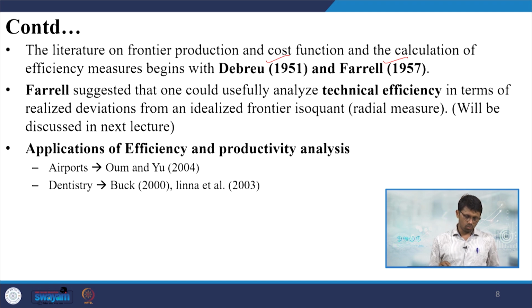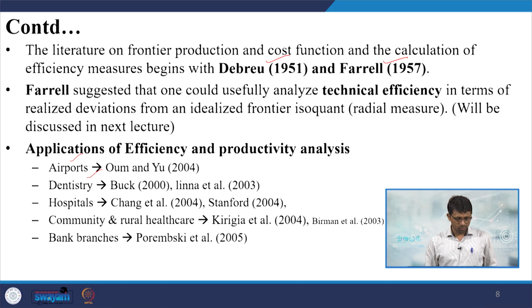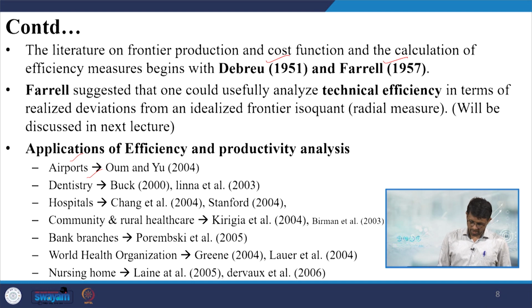Oum and Yu in their 2004 paper explained it for airports, then Burke and Lina 2003 and Burke in the 2002 paper applied efficiency and productivity analysis for dentistry, hospitals, community and rural healthcare, bank branches, and there are some works from WHO and nursing homes, etc. There are different papers we have cited. For your interest, you can go through them; it will be useful.